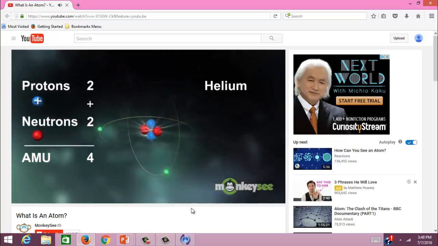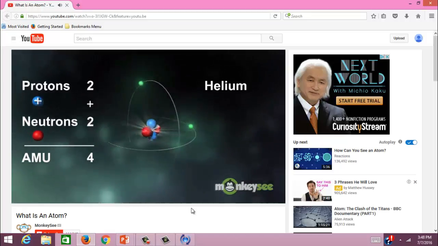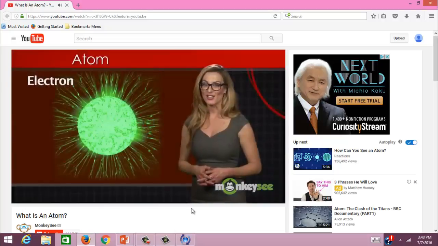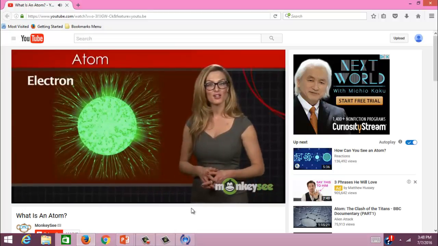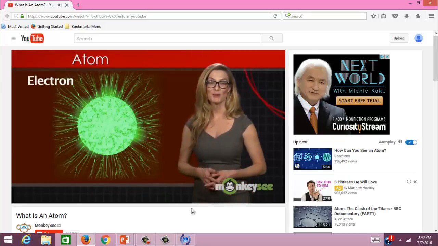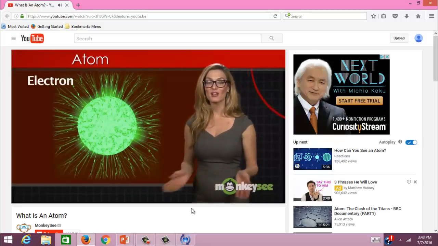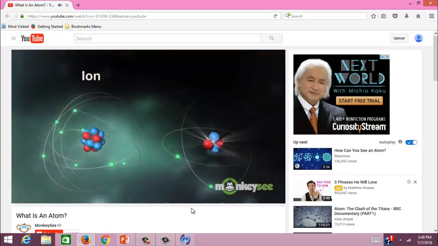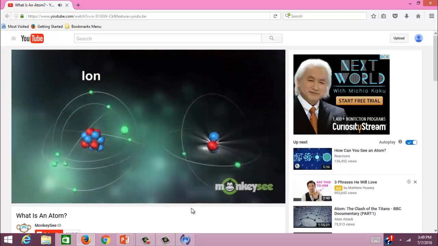A helium atom has 2 protons and 2 neutrons, so it has a mass of 4 AMU. Electrons have almost no mass and are not included in AMU calculations. While an atom's number of protons remains constant, individual atoms can lose or gain electrons. Atoms with different ratios of electrons to protons are called ions.